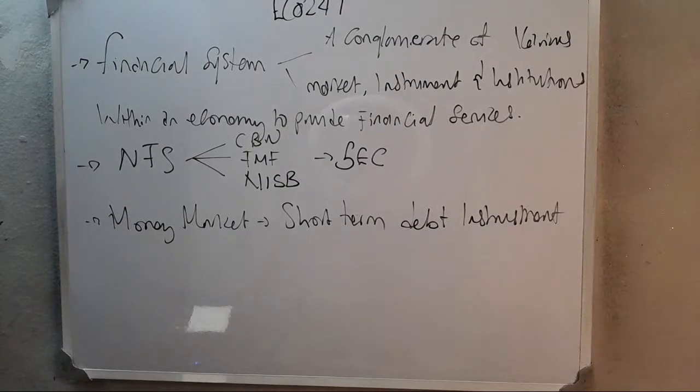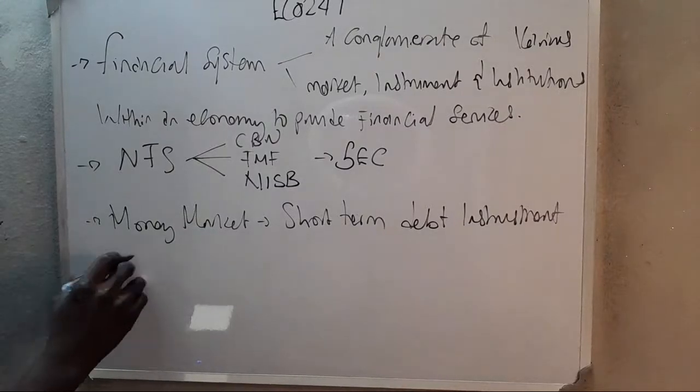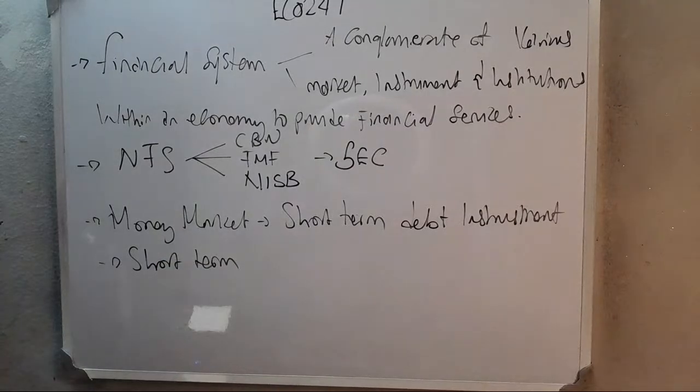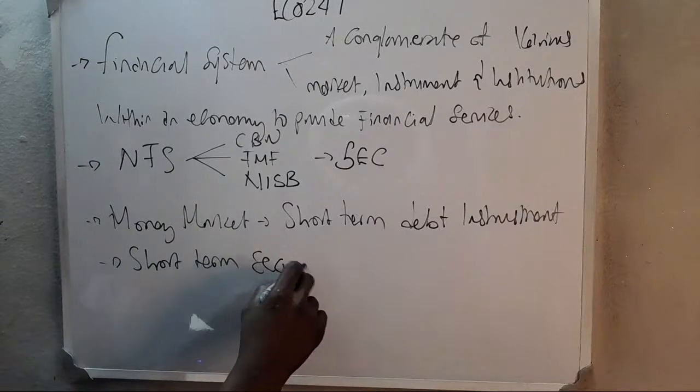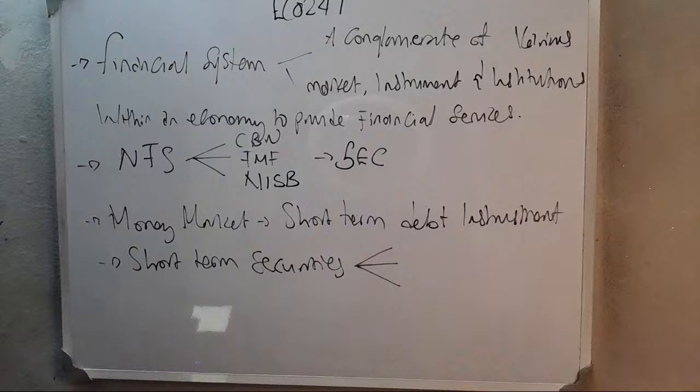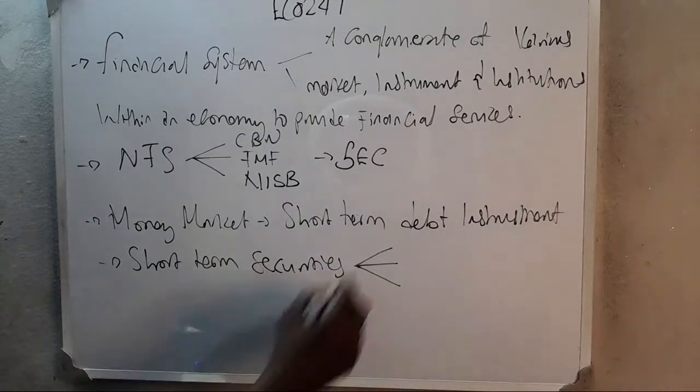Some of the trading that goes on in this market: trading in short-term securities is the characteristic of the money market. We have the trading of treasury bills, treasury certificates, and call money.